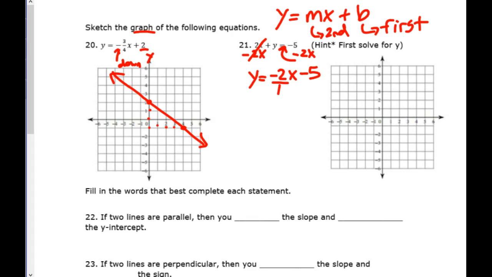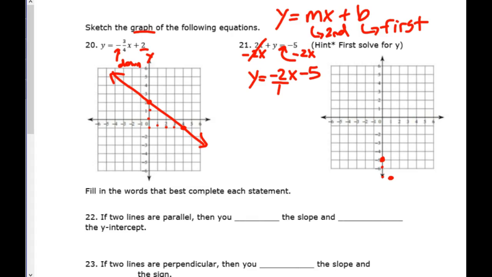Alright, so let's do this. B for beginning, negative 5. 1, 2, 3, 4, 5. Put a point there. Now, the slope is negative 2 over 1. That usually means down 2, right 1. Now, if I go down 2, it's like down 2, right 1, right there, right?